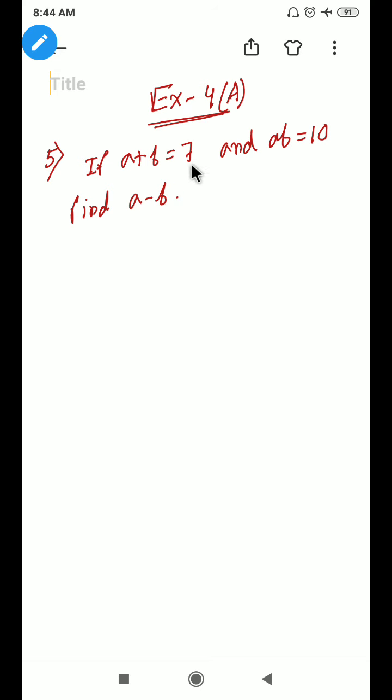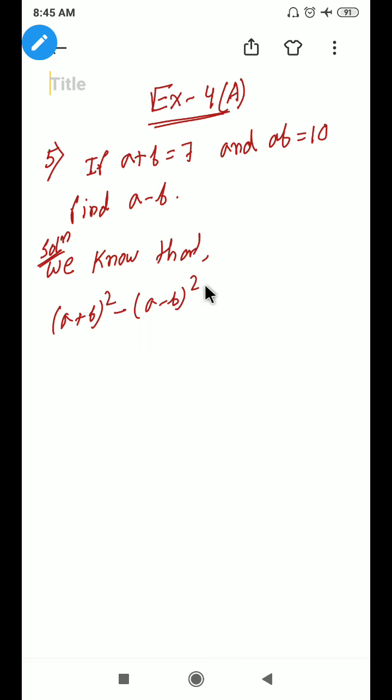So a plus b is given and a into b is given. You have to find out a minus b. How to find? We know that (a plus b) whole square minus (a minus b) whole square is equal to 4ab.